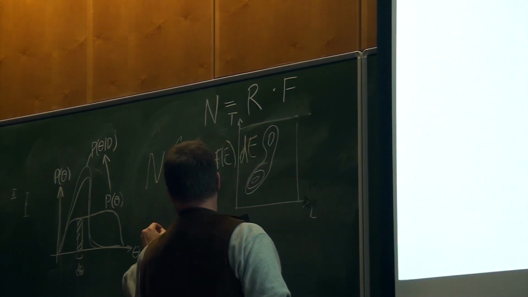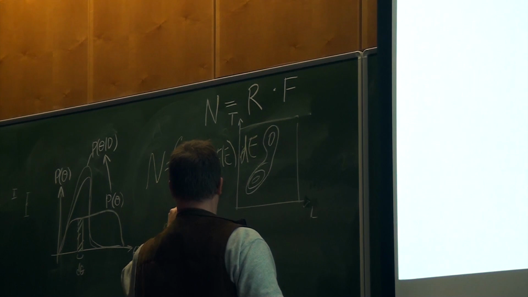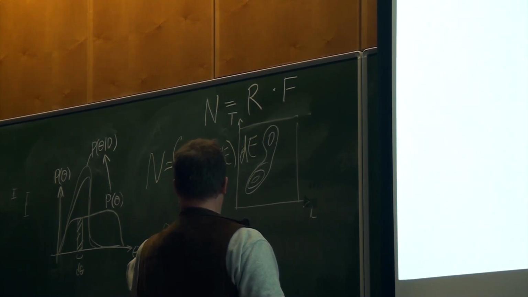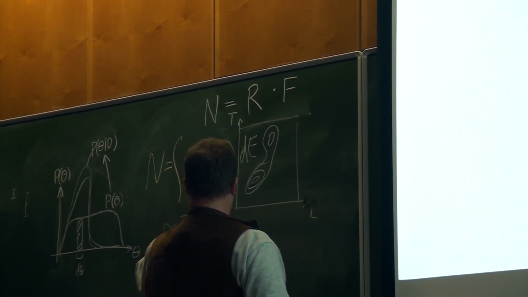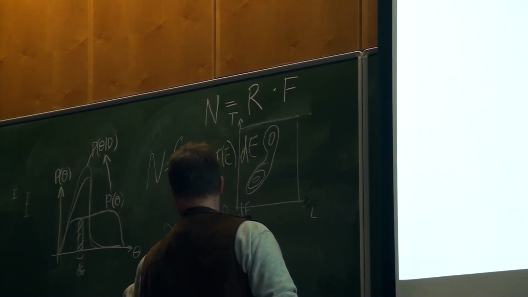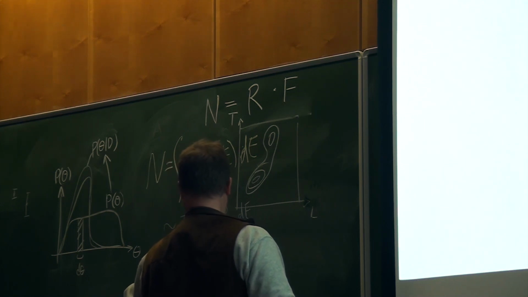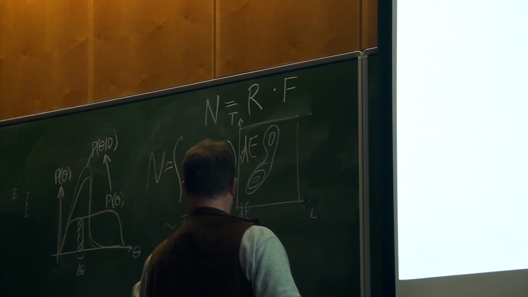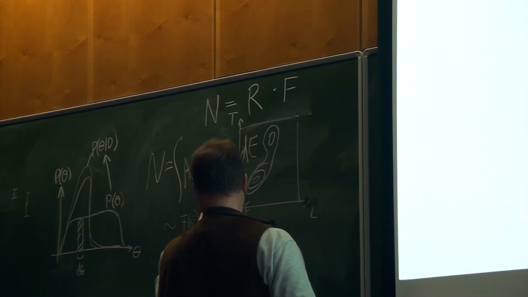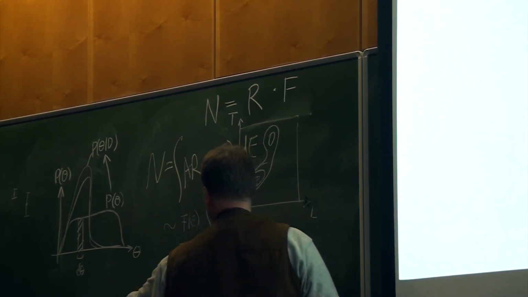So you say this is approximately f of E times the integral of A times R times dE, which is approximately f of E times A effective and R times delta E, because the R integrates out to unity.